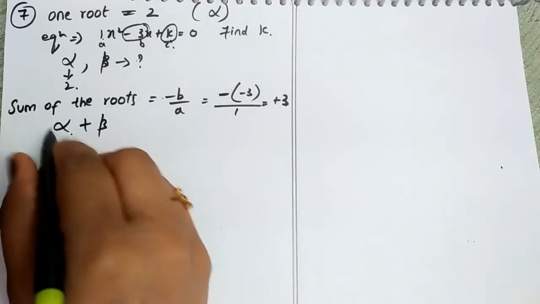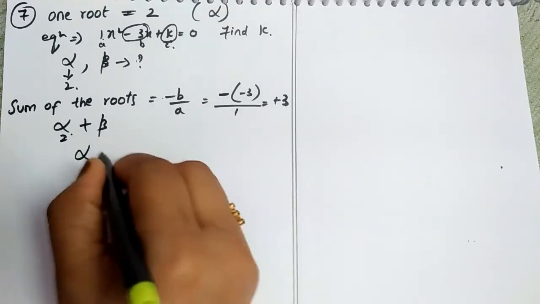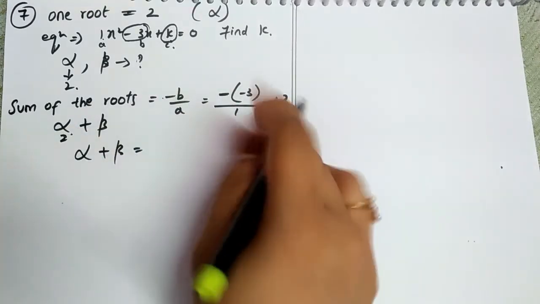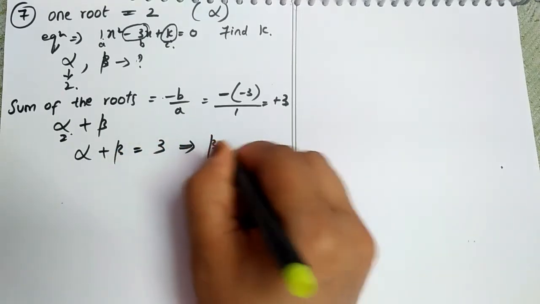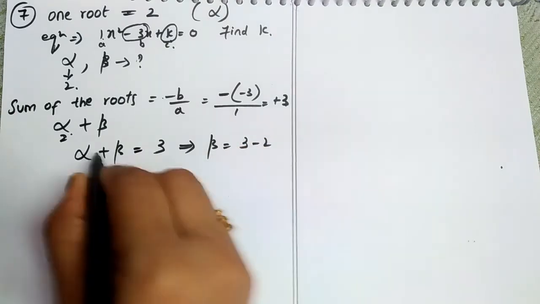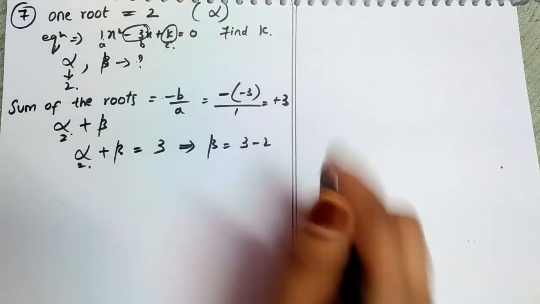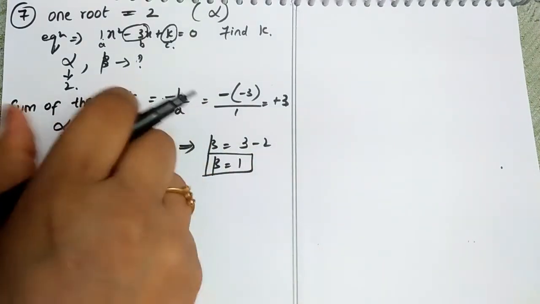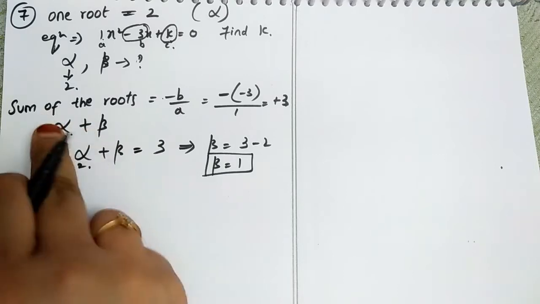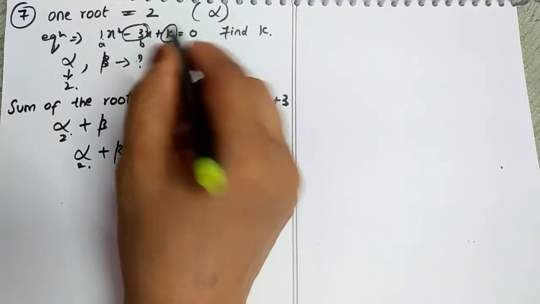Since alpha is 2, we can easily find beta. Alpha plus beta is 3, which implies that beta is 3 minus 2, since alpha is 2 from our question. So beta is equal to 1. Now, since we know alpha and beta, we can even find the product, since we need to find the constant k.